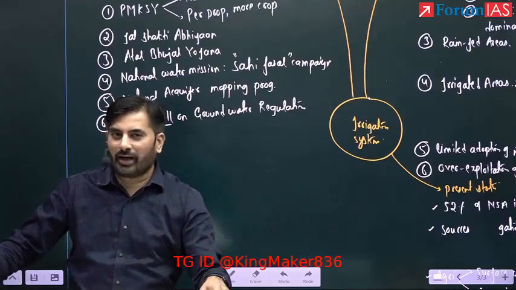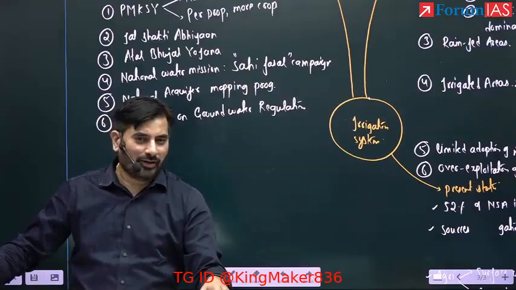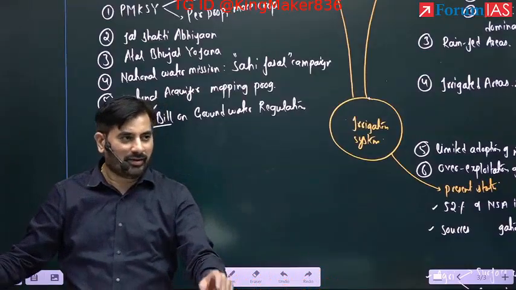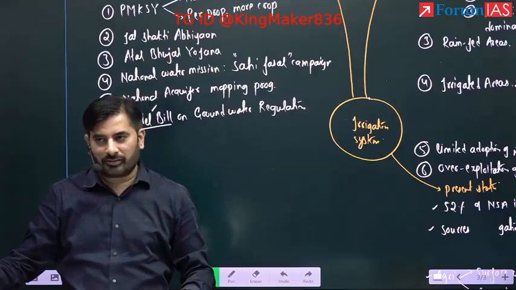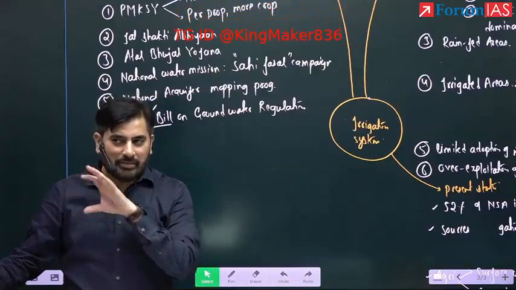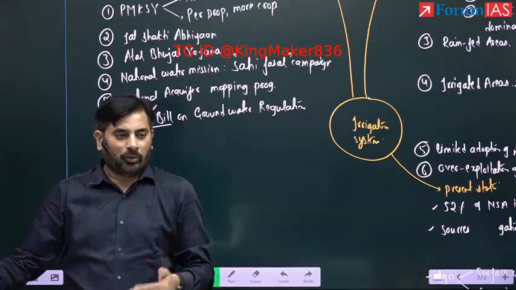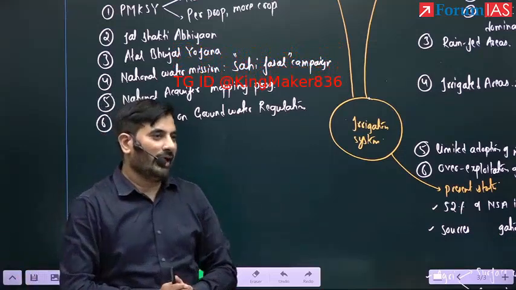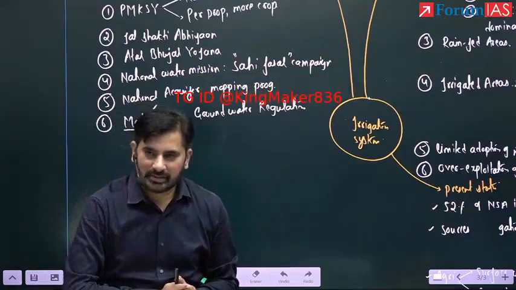Last time you saw what happened when the government passed the farm laws. All the farmers started protesting against the farm laws, and the government ultimately had to take back the farm laws. So the government has made it mandatory to take approval for digging borewells for urban consumption, but not so for agriculture purpose. Understood?